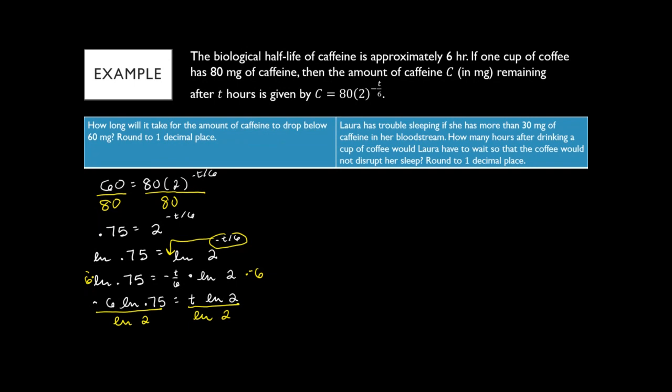So I get t equals negative 6 natural log of 0.75, and then I'm running out of room, so I'm just going to write it like that, divided by the natural log of 2. And then I'm going to put this in my calculator.